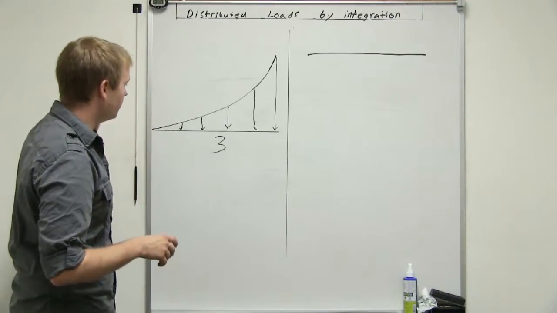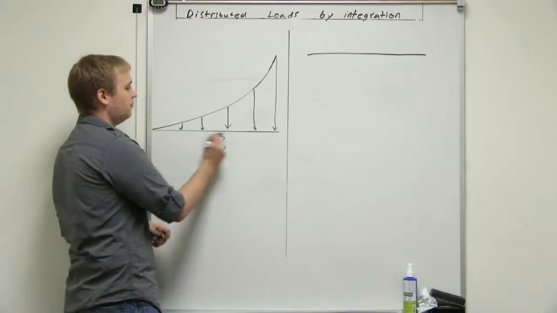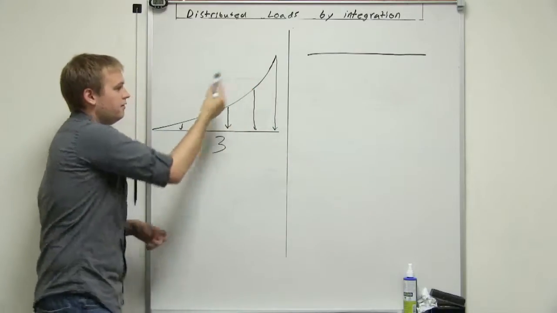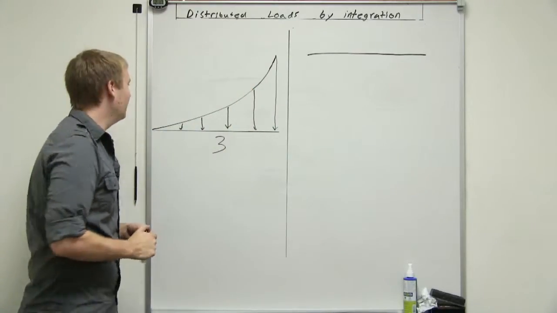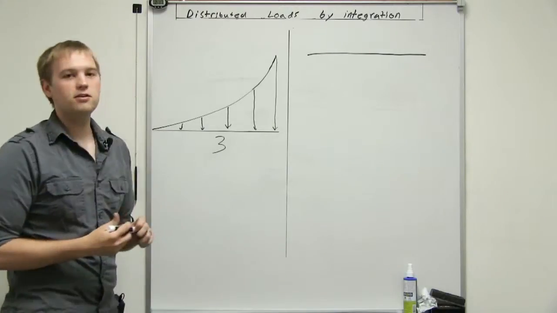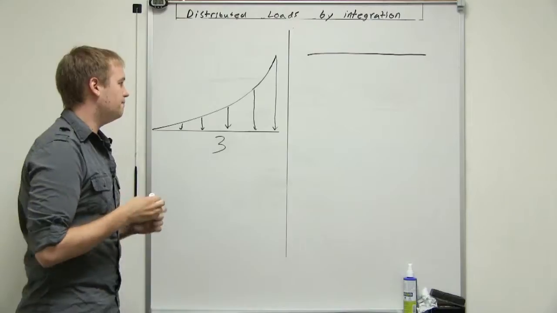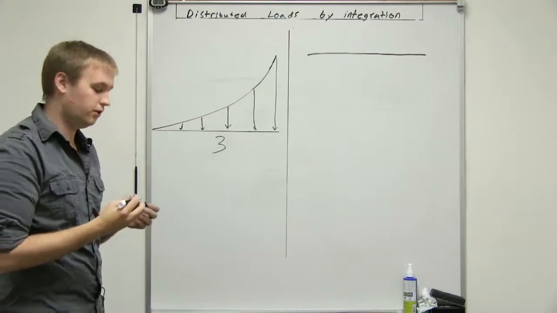So for this example, you'd have a problem like this, where your beam is being acted on by a distributed load that is non-uniform in any way, shape, or form. The only way that we can do this is if we have been given an equation that represents this distributed load.